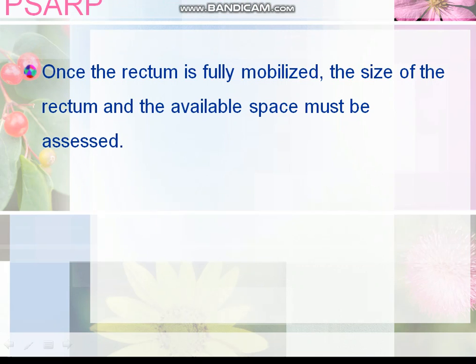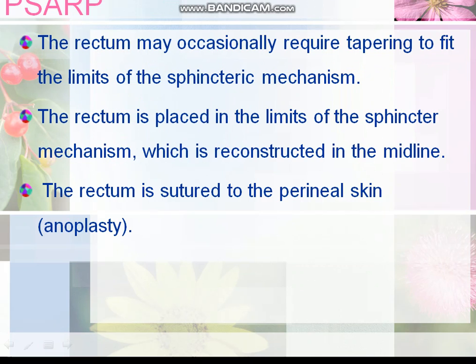Once the rectum is fully mobilized, the size of the rectum and the available space must be assessed. Sometimes the space may not be adequate in order to fit it in the sphincteric mechanism.